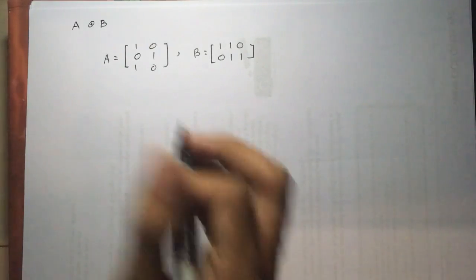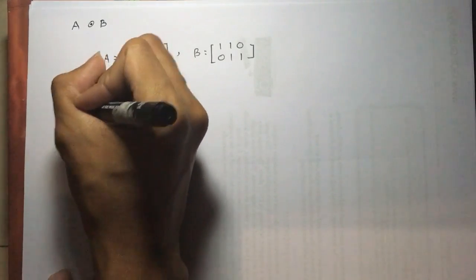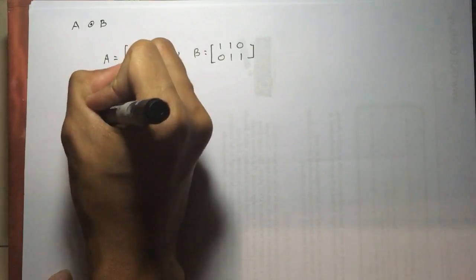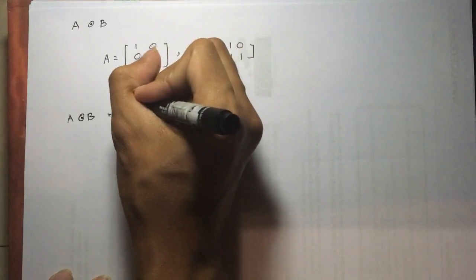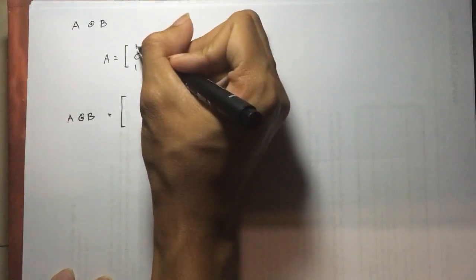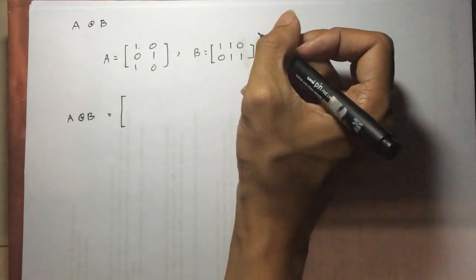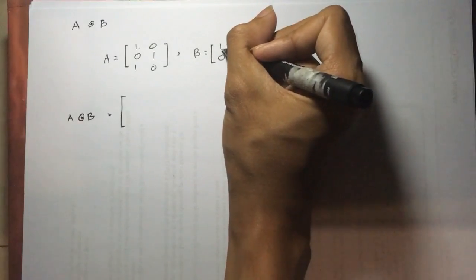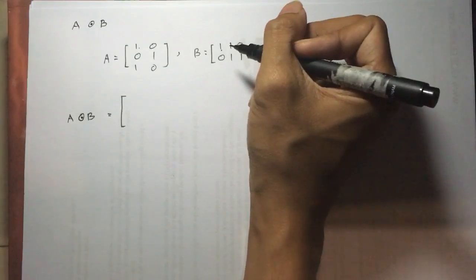The solution will be the Boolean product of A and B is equal to the first element of the first column and the first element of the second matrix.